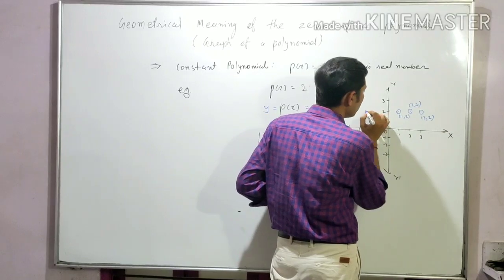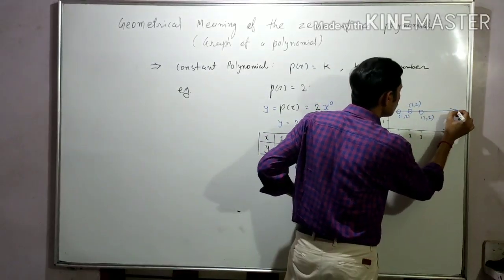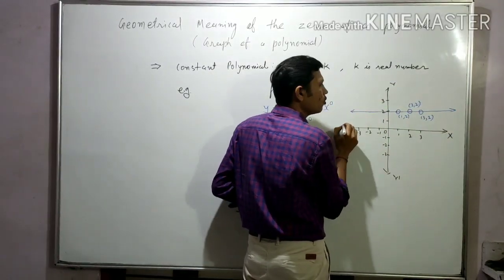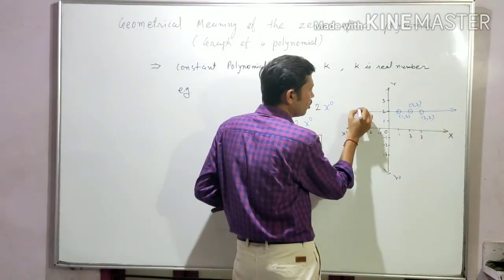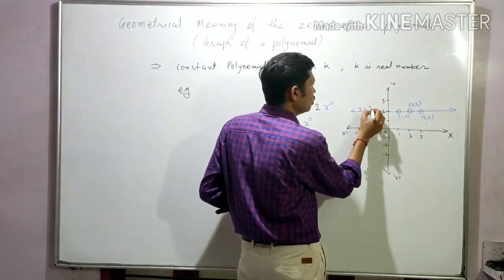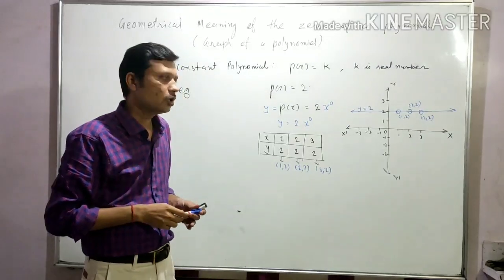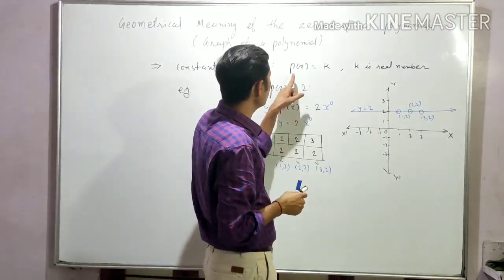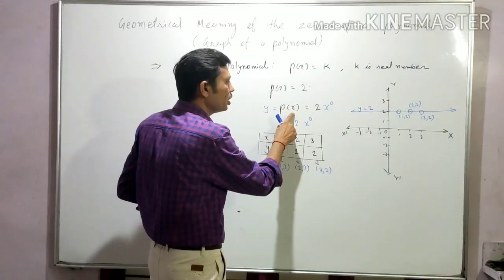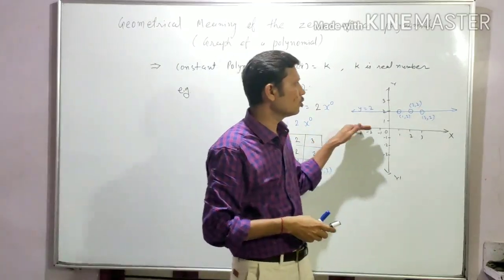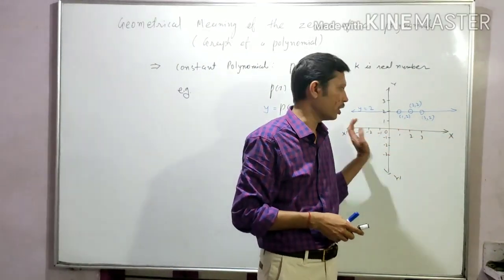Okay, when we join all the points together, its graph is like this. And we have to write y is equal to what? 2. Here this polynomial is in the variable x, and it is not intersecting the x-axis anywhere.